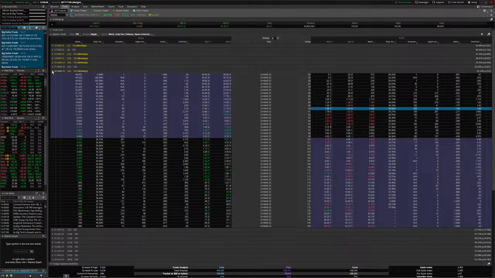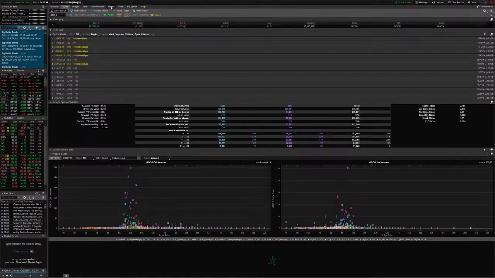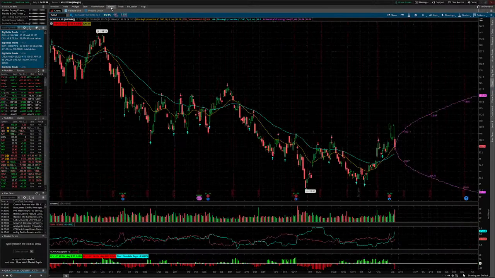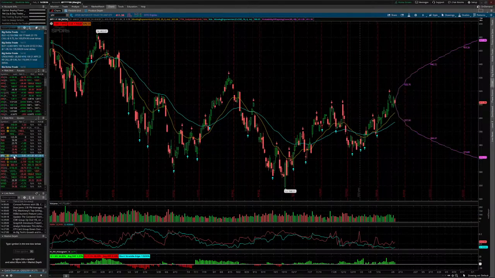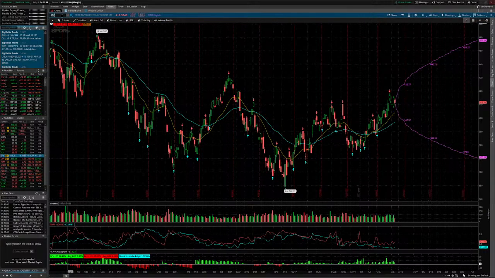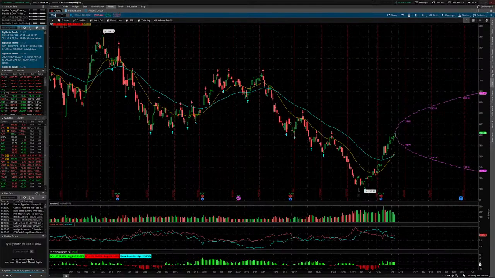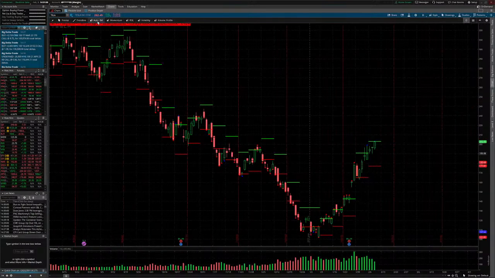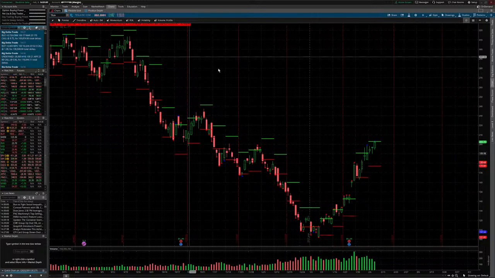So let's take a look at this. This is for Google. We'll take a look at Spy. Well, actually, we can take a look at Tesla since we're talking about Tesla. So what I look at is this auto expected move.